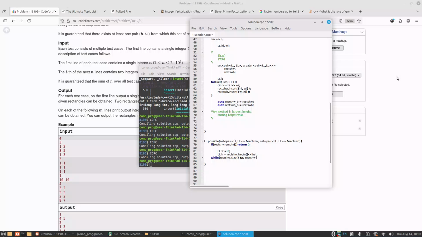C++ has short circuiting, so it should be fine.